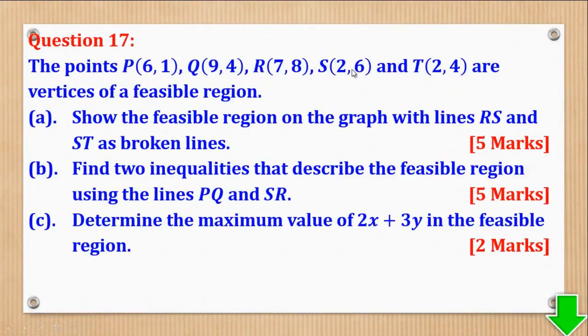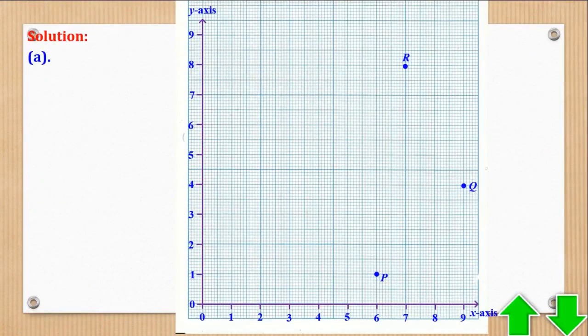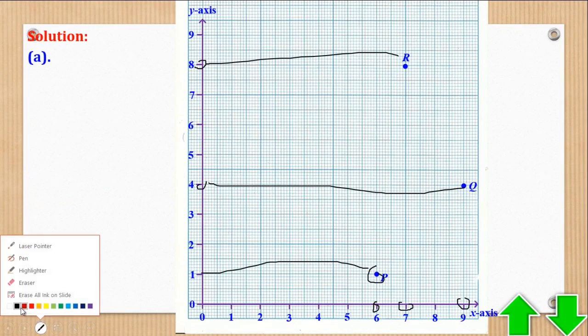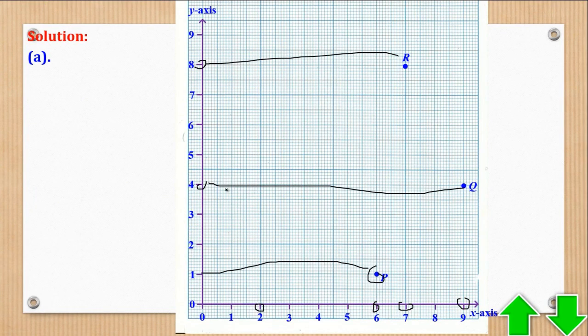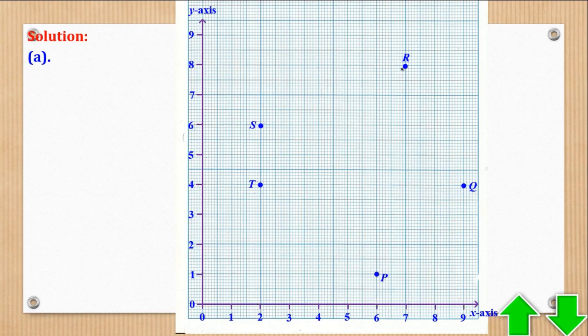Then we have S, which is (2, 6), and T, which is (2, 4). S is (2, 6). Then T is (2, 4). Okay. Then we shall join, but remember they said RS is dotted. So you come and join it when it is dotted. Then also ST is dotted. So join when it's dotted. The rest are continuous solid lines.